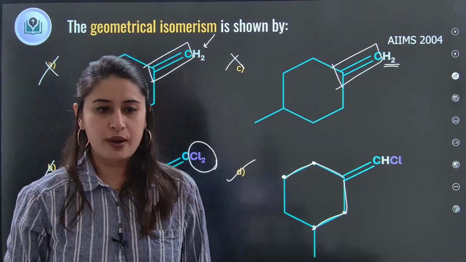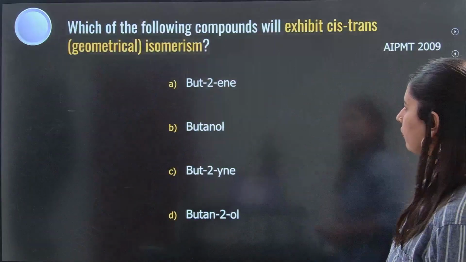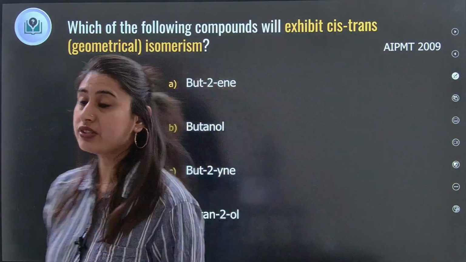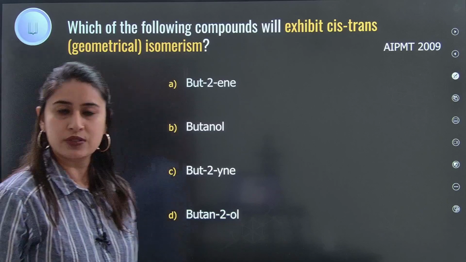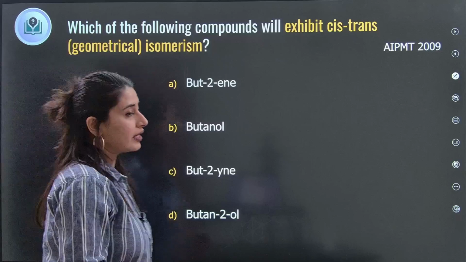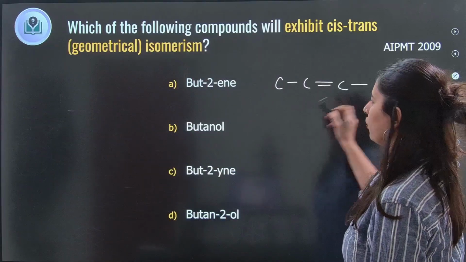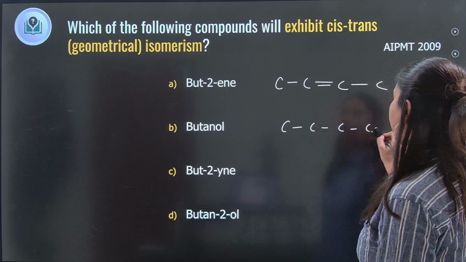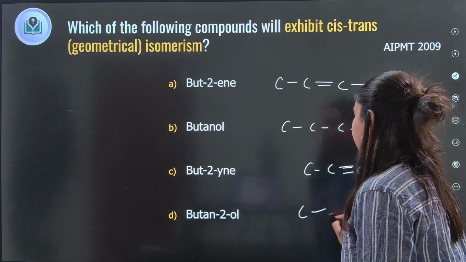All right. Moving ahead, another question waiting for you. Which of the following compounds will exhibit cis-trans? This is going to give you good practice of IUPAC nomenclature as well. But-2-ene, butanol, but-2-yne, butan-2-ol.